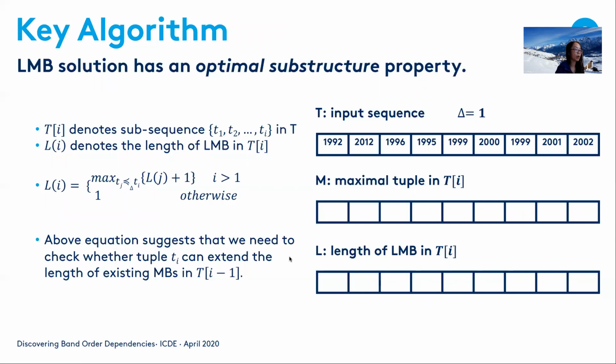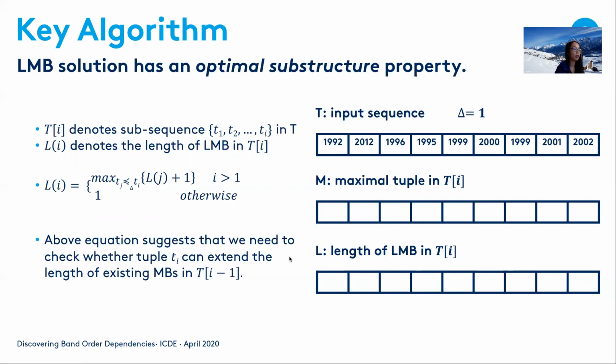The optimal substructure property suggests that the longest monotonic band in subsequence Ti is determined by the longest monotonic bands in subsequence T1 until subsequence Ti minus 1.